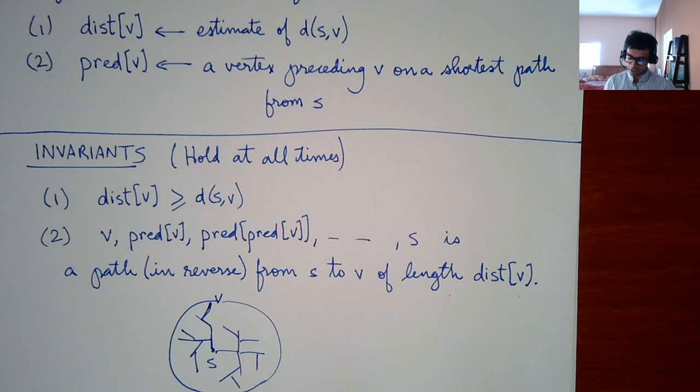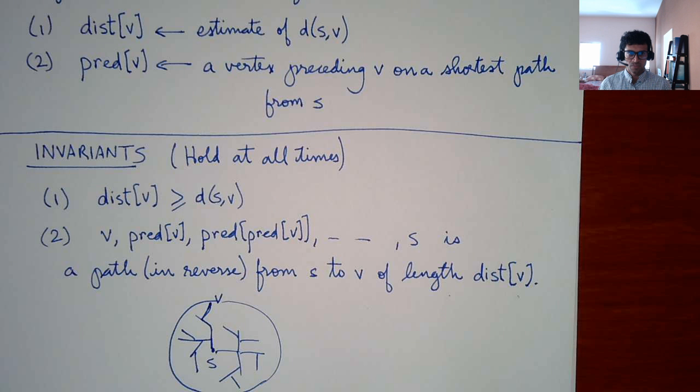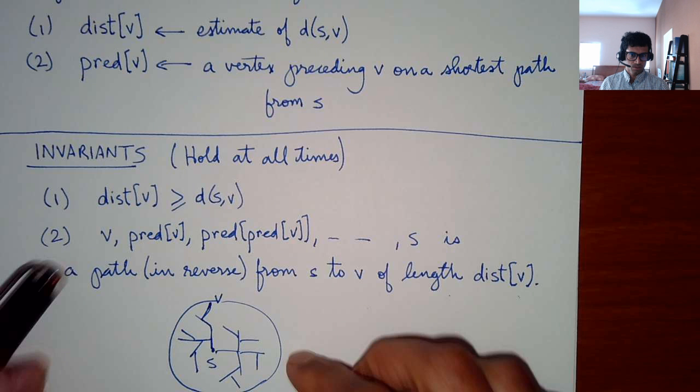So it knows that the true shortest path distance is less than or equal to dist v, because dist v is the length of a specific path. The algorithm will maintain this at all times and continually try to improve it, maintaining these invariants. It's always going to maintain a tree, and it's always going to maintain these properties, which are equivalent. Maintaining the tree is equivalent to maintaining properties 1 and 2.